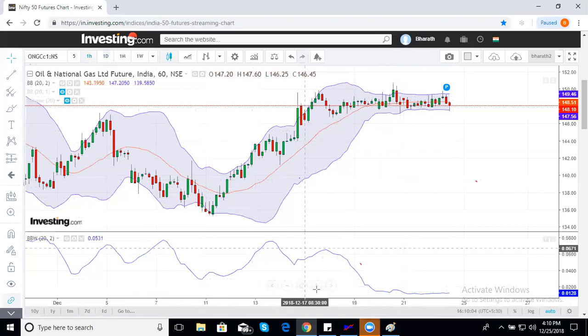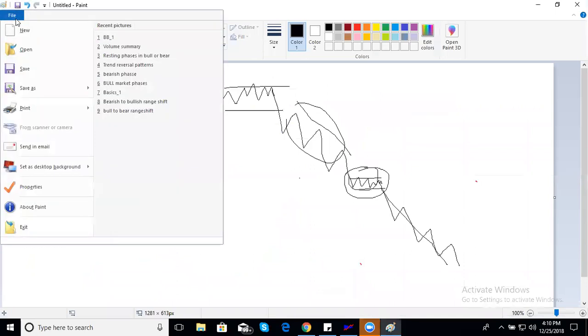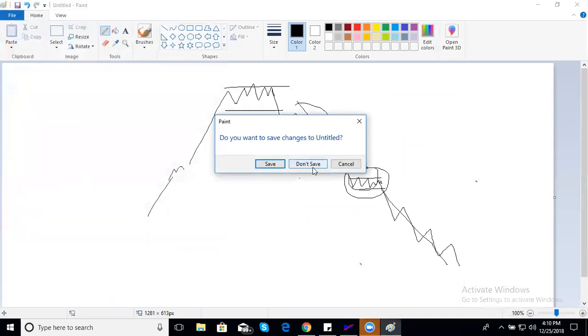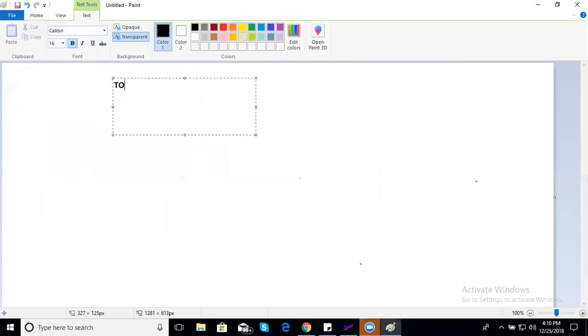So what all you learned was this. Let me brush up. First you learned something called trend reversal, which is top reversal, which is supposed to be M tops, outside, inside. After M top is formed, then you will see bottom reversal at the bottom, W bottoms.